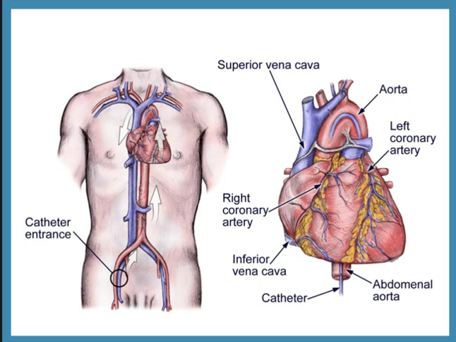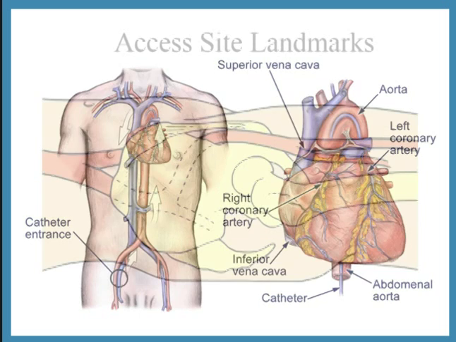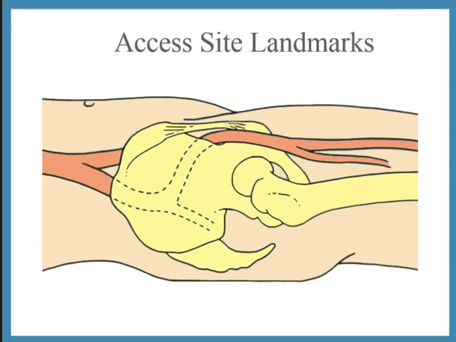You can see this is the catheter entrance where they have it circled, and it leads them up to the heart. They can look at the left side of the heart, the right side of the heart, or they can even do electrophysiology studies. This is just another picture to demonstrate the anatomy of your femoral artery. You can see that the ligament sits just over it.